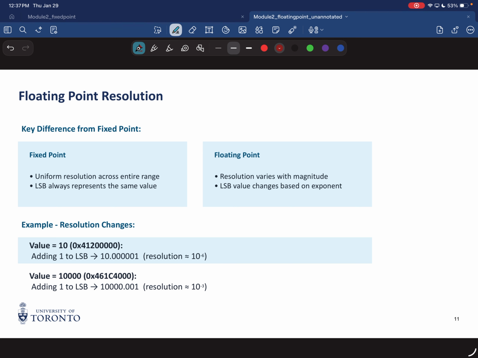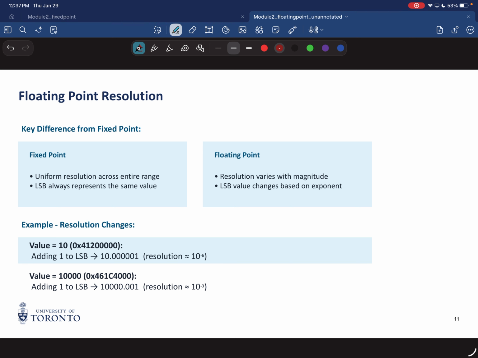And here, there are some differences between the floating point resolution, the actual number that you get, for fixed point versus floating point. For fixed point, the resolution was always fixed, depending on the fractional bits. But in floating point, it really depends on your exponent value, the magnitude that you're representing, and then the definition of that LSB would be different.